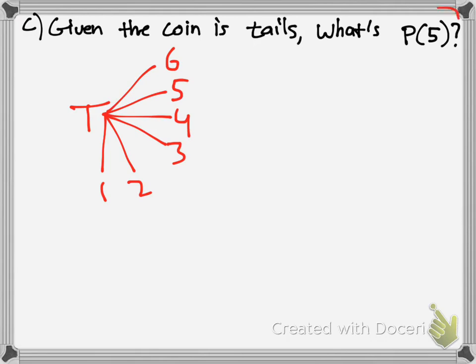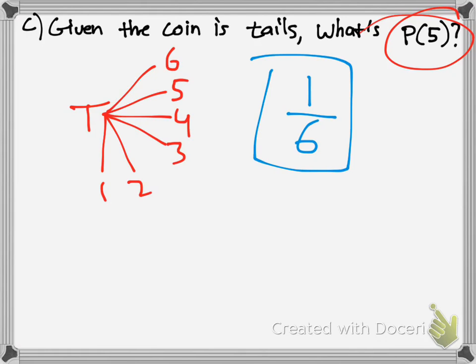So it's pretty much just asking what's the probability of rolling a 5 on a 6-sided die, because you already flipped the tails. So the odds are 1 in 6. There's only one 5 on a 6-sided die: 6 options, 1 outcome.